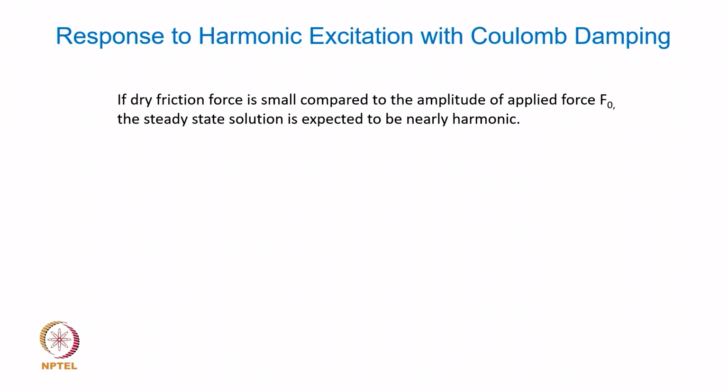So, m x double dot plus c x dot plus k x equal to f of t is what we have presumed all the time, right. But in reality Coulomb damping is more commonly expected to be present in a structure. So, we need to look at how you can evaluate the response if there is Coulomb damping.